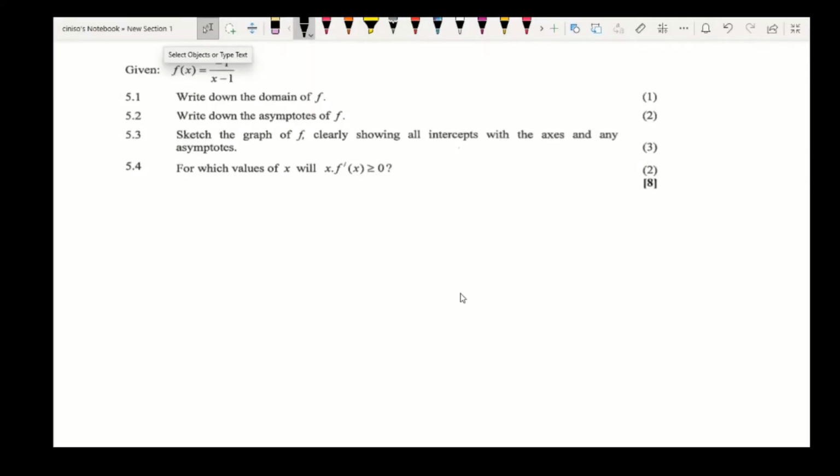Given the function f of x is equal to minus 1 over x minus 1. 5.1. Write down the domain of f. So the domain of a hyperbola, you're going to look at its vertical asymptote.